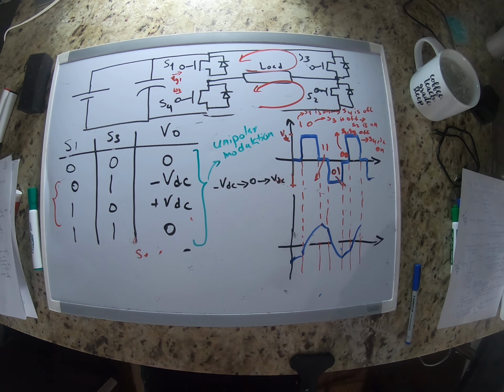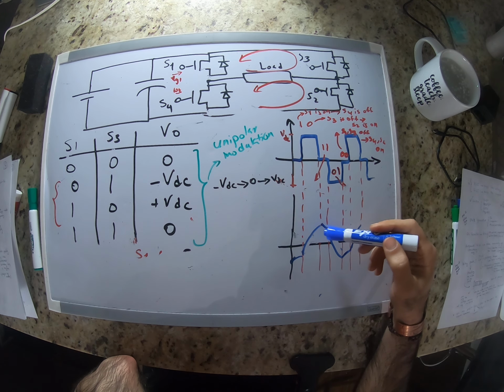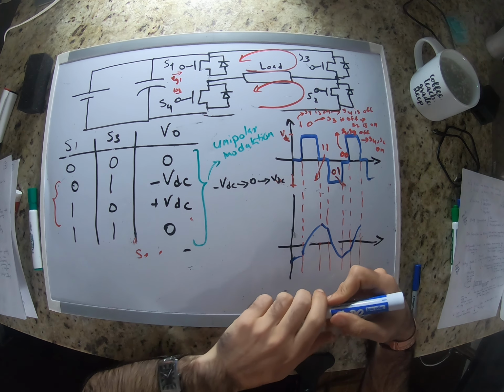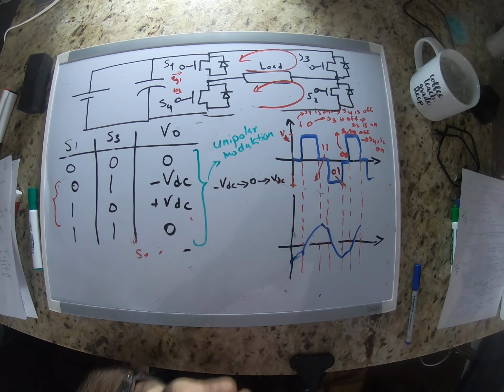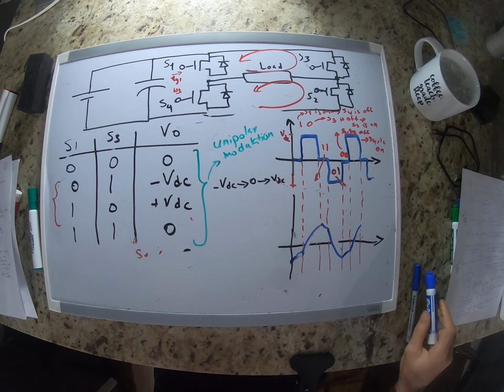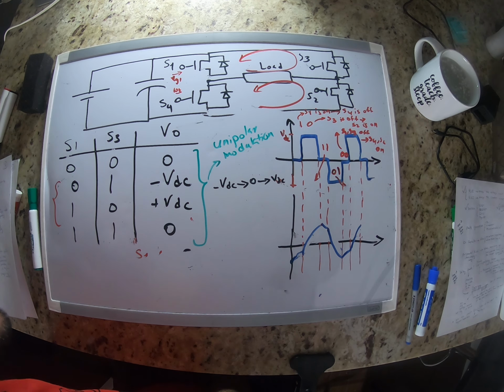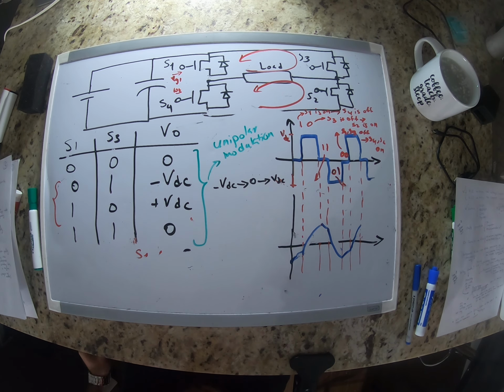Okay, so here our current actually looks a little bit better, right? A little bit more sinusoidal. It still has a lot of harmonics, but looks better than bipolar modulation.